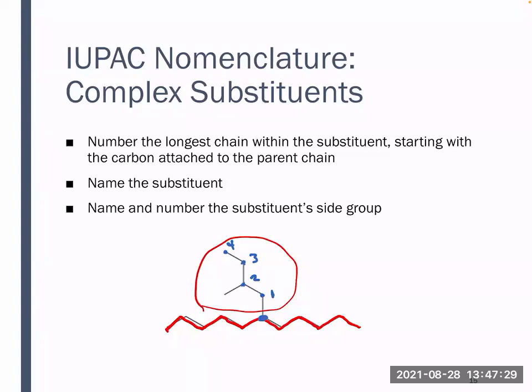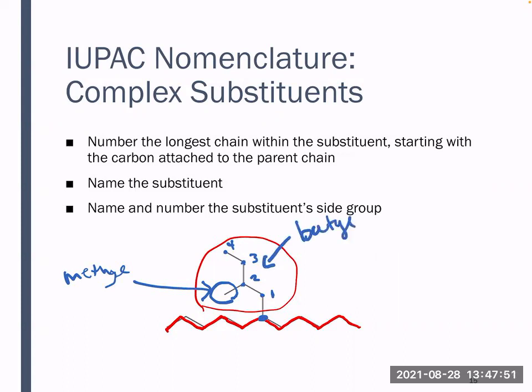So now if I look at this group here that is coming off of that substituent, right? Coming off the main chain of the substituent, and that's a methyl group. This part of the substituent, that's a butyl group. There's 4 carbons.